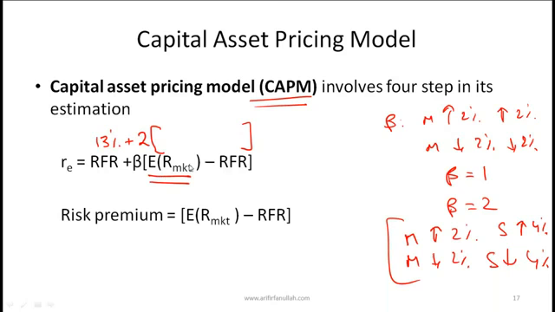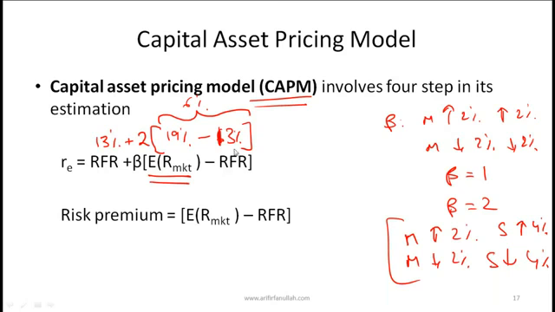Let's say that you bought an index fund based on the KSE 100. Let's say that the expected return there is 19% minus the risk-free rate, which is 13%. So in Pakistan's context, the approximate market risk premium is 6%.